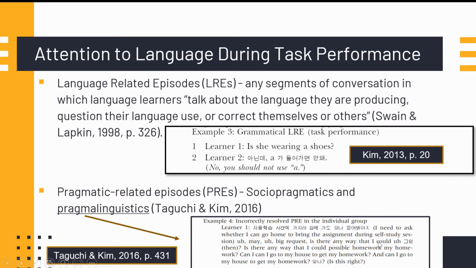Is there any way that I could? Is there any way that I could possibly do my homework? My homework. Can I go to my house? So you can see the student is really trying to decide which pragmalinguistic form of request head act he wants to include in the drama script he is working on.